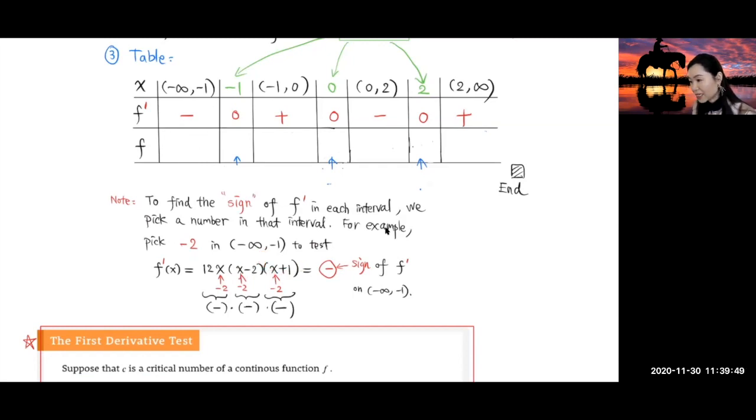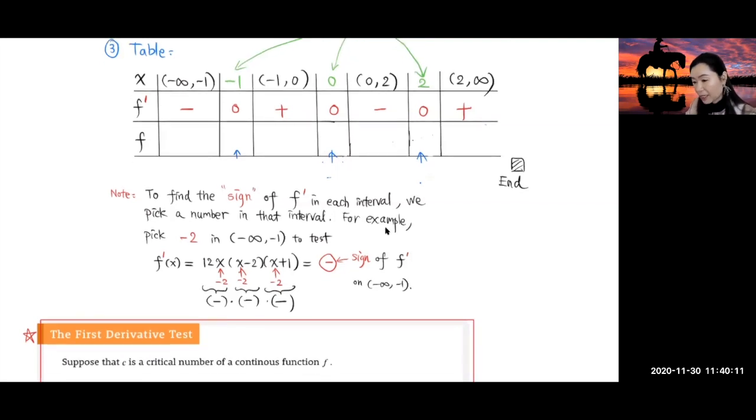When each factor is linear, the sign is going to alternate like this. Sometimes it might be easier to test this one first, and then if each factor is linear, you will alternate them: negative, positive, negative.